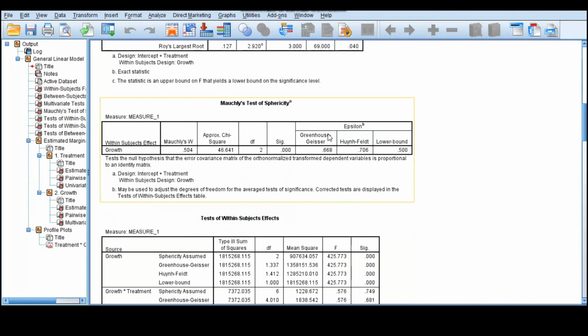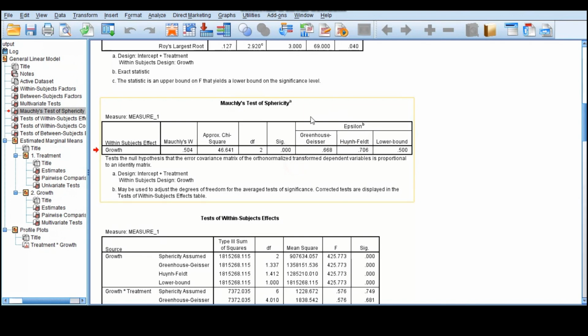That is the first time the data was collected among the subjects, the second time and the third time. In this case, you can see that it is significant. So we reject our null hypothesis and say that the variance is not equal across the three measurements.